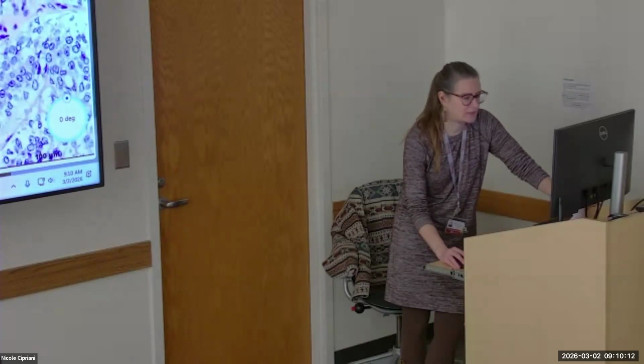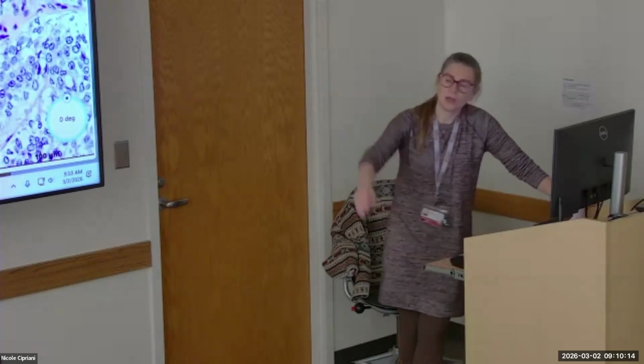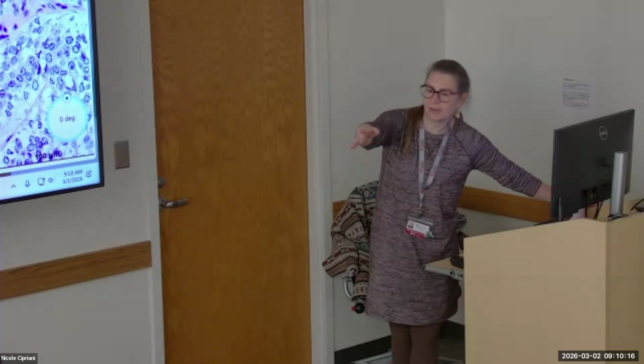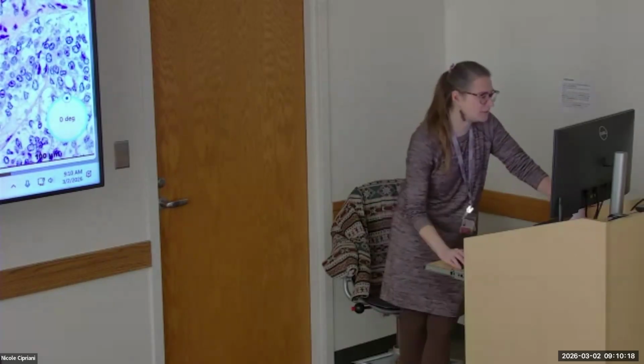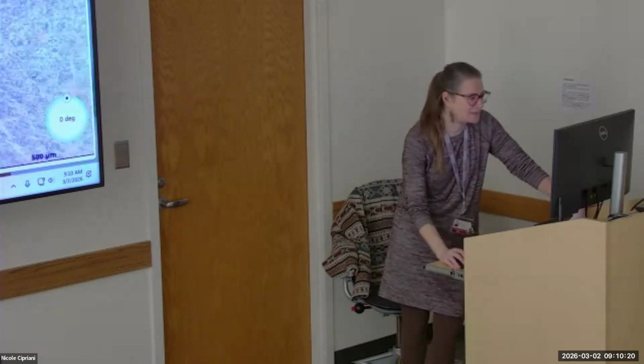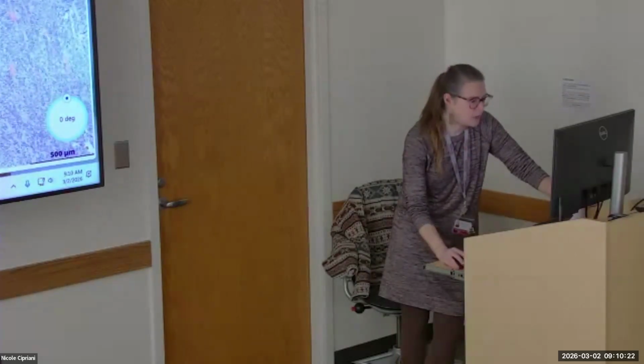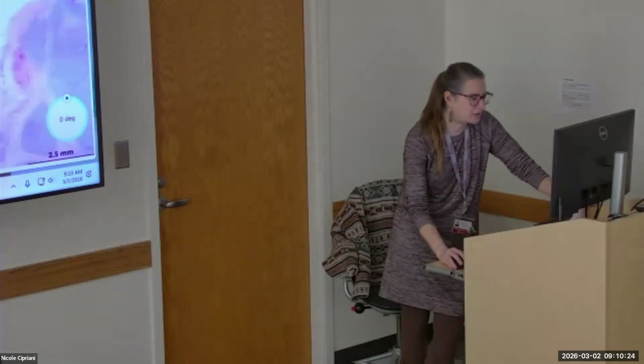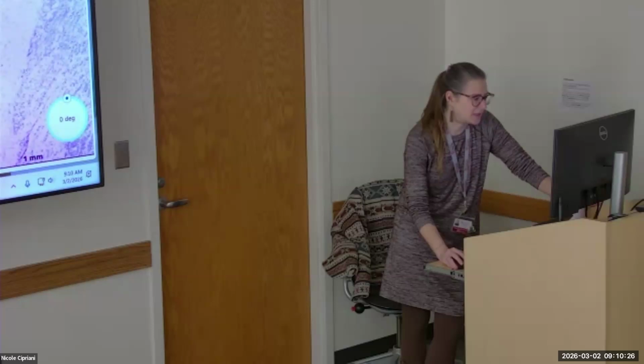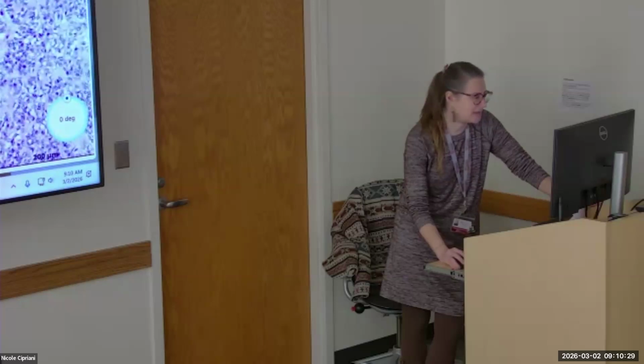Here's a great example, right? Here's a little lumen, and then all of these. So this is epithelial-myoepithelial carcinoma, right? Which very characteristically has these prominent, optically clear myoepithelial cells in the background of these scattered ducts.